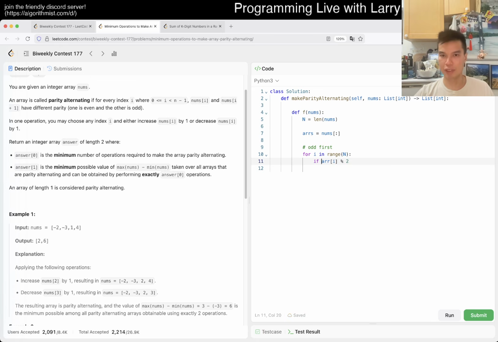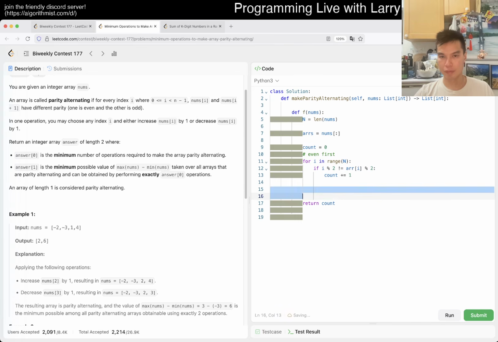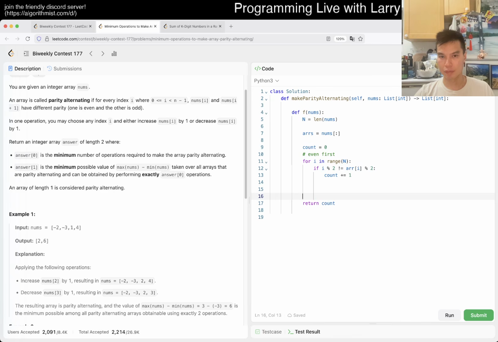If odd is first, let's do evens first, then I can write this. So that would be this, and then you can do odd first, right? Yeah, whatever.